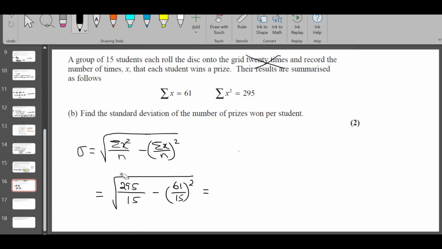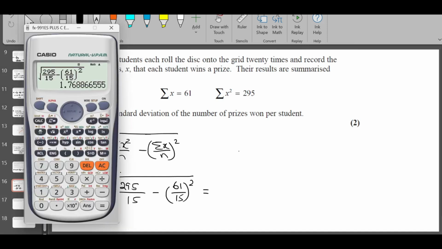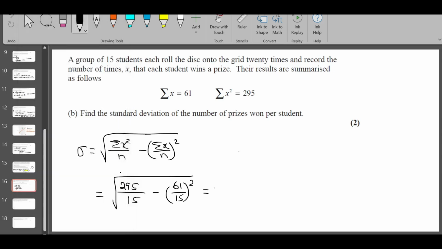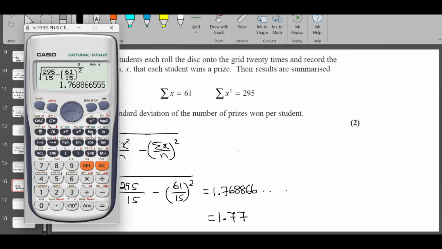No level of accuracy is mentioned, so the value is 1.768866..., and I'm going to round it to 3 significant figures. That's all. We might need the value, so I'm going to store the value as A. So I put a little reference A.